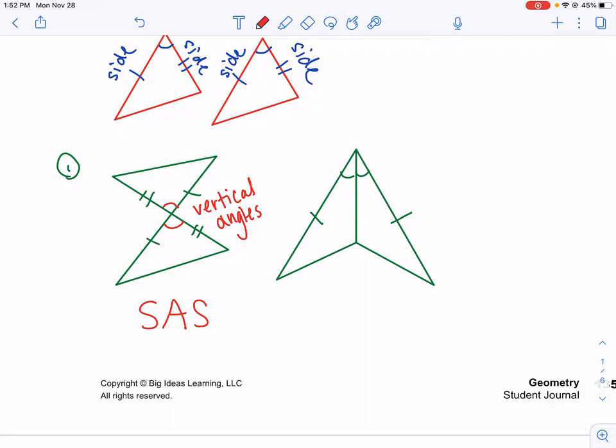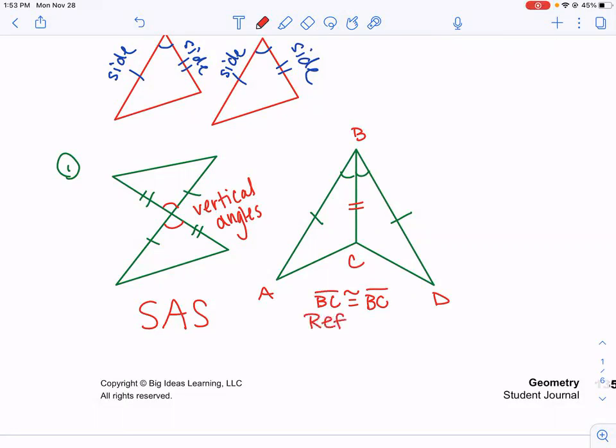Zach, what do you think about these two triangles? Why, Zach? Okay, so if I called this A, B, C, D, I could say that BC is congruent to BC. What do we call that?